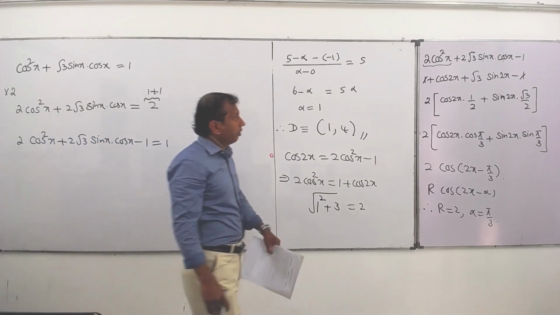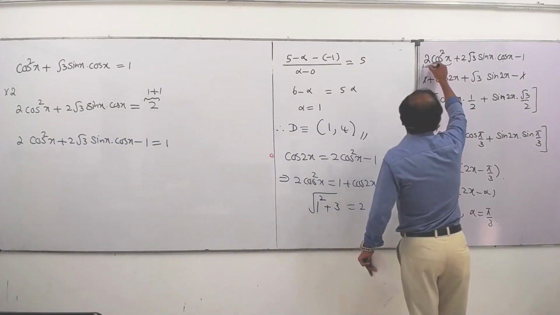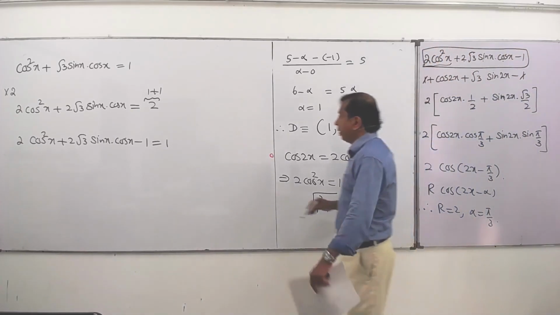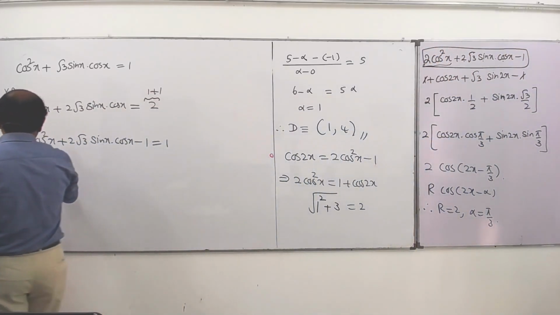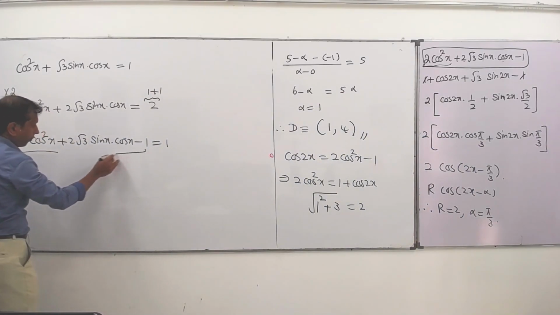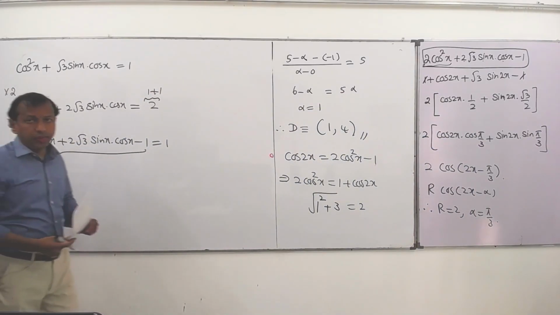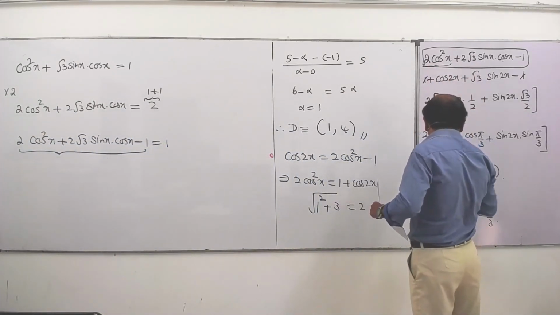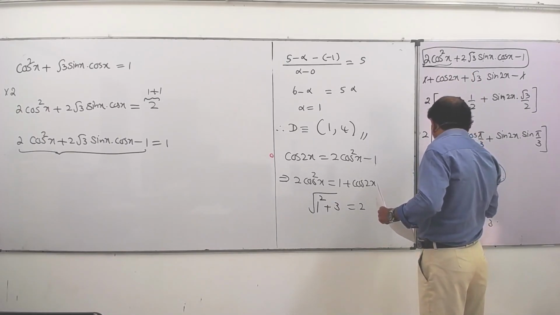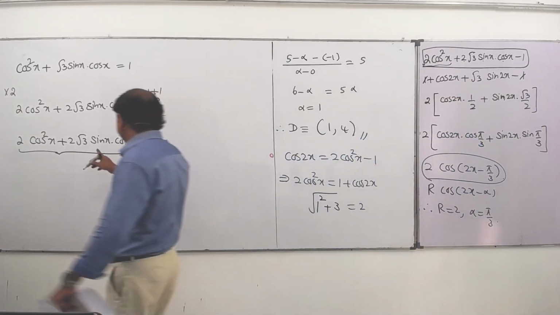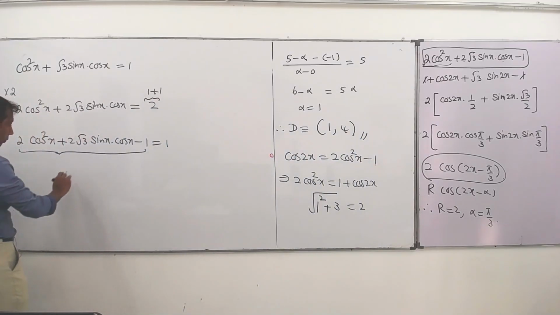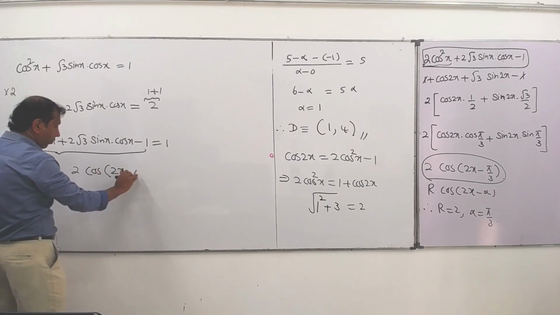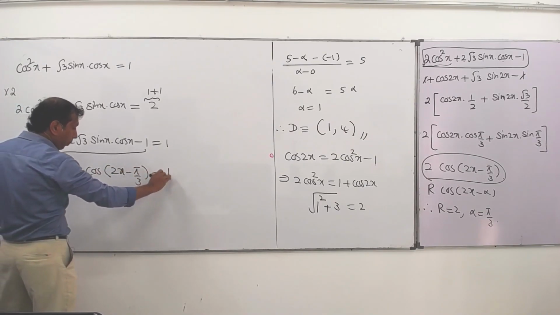Okay. But people, this expression we can write like this. Then in this place I can write, substituting, 2 cos(2x minus pi by 3) equals 1.